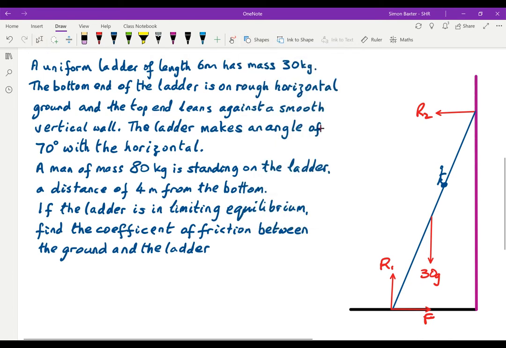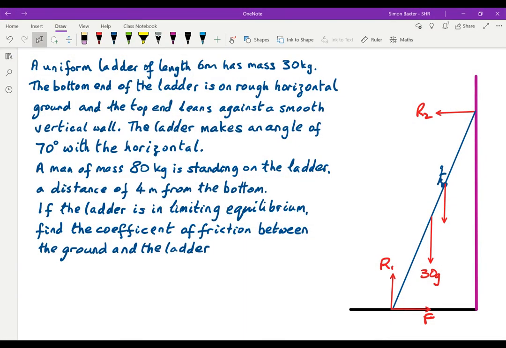And therefore we have a force down acting on the ladder, everything's in equilibrium, that must be equal to the man's weight, which is 80g. Any more forces to put on the ladder? I don't think there are.